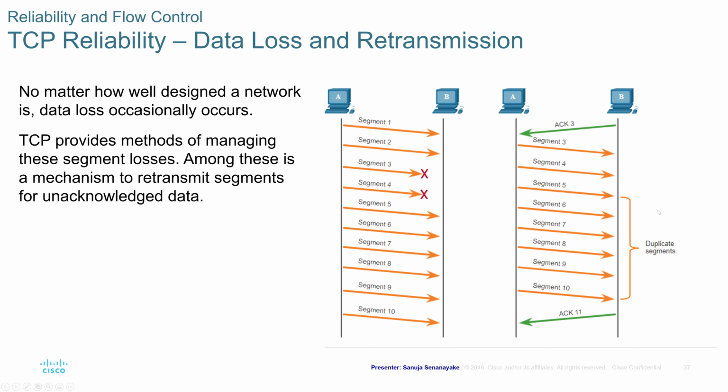So for example, if you have two devices communicating with each other, and this device is sending data and this device is receiving it, if they are sending 10 segments and 2 of the segments are lost, well, that means we have some missing pieces, right? However, TCP provides a method of managing those losses by using the acknowledgement messages that are sent back to the sender.